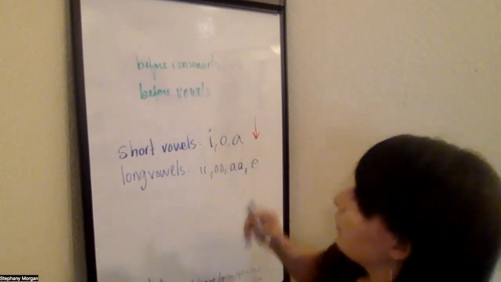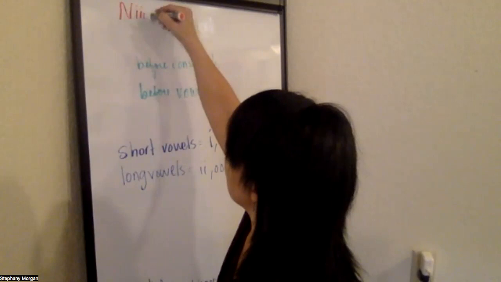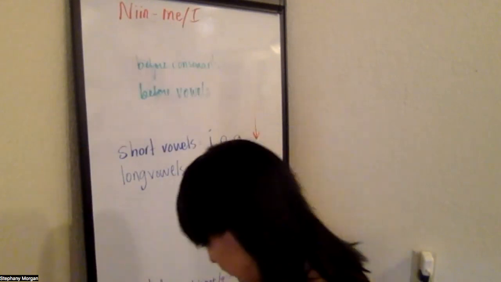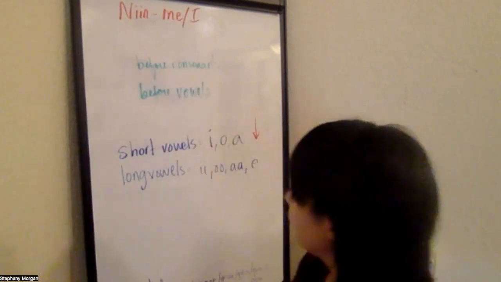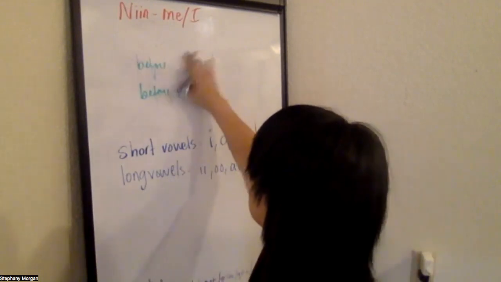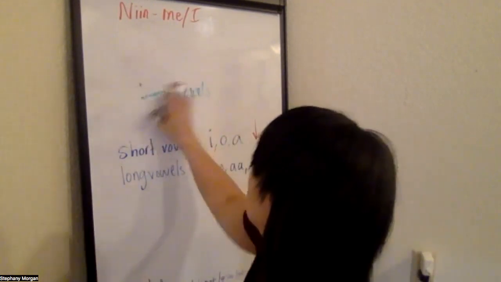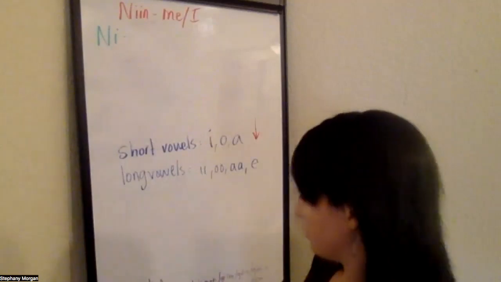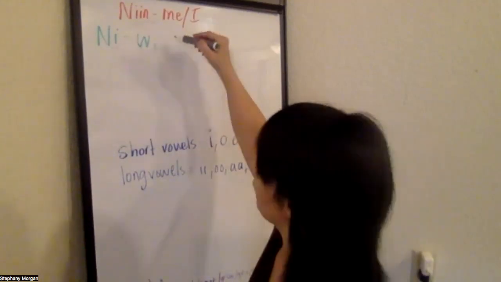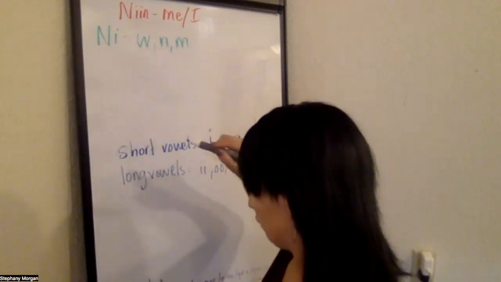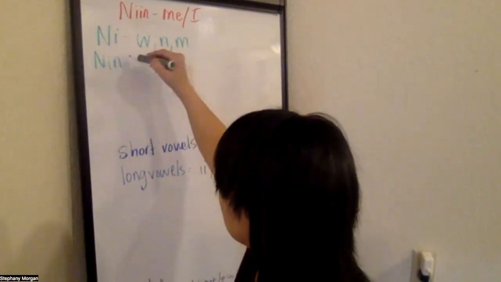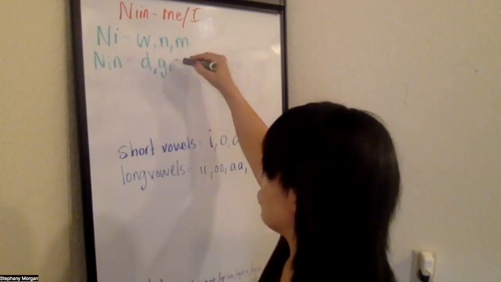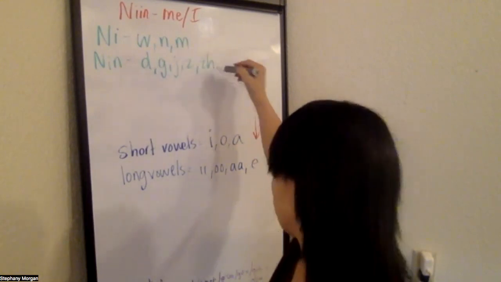So for nin, me, or I, we have just, we add nit to the front of words that start with W, N, and M. Nin before words that start with D, G, J, Z, and CH.